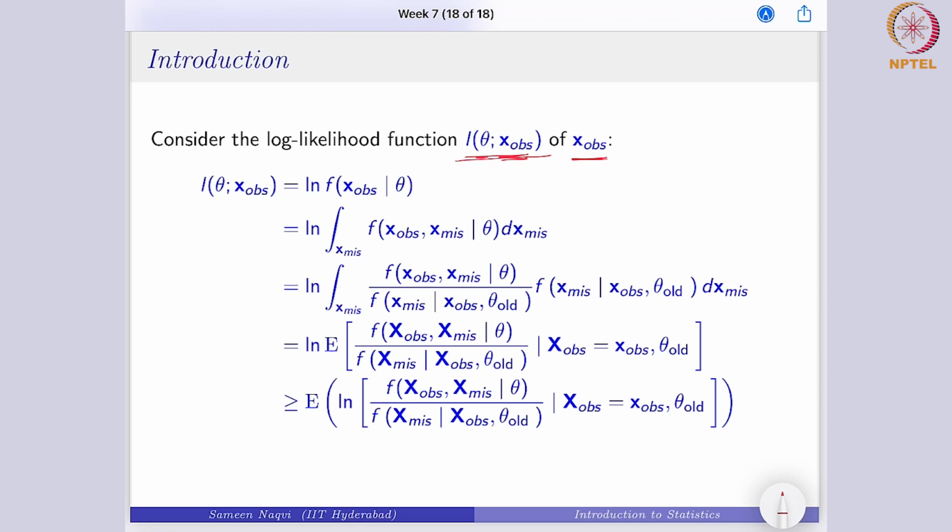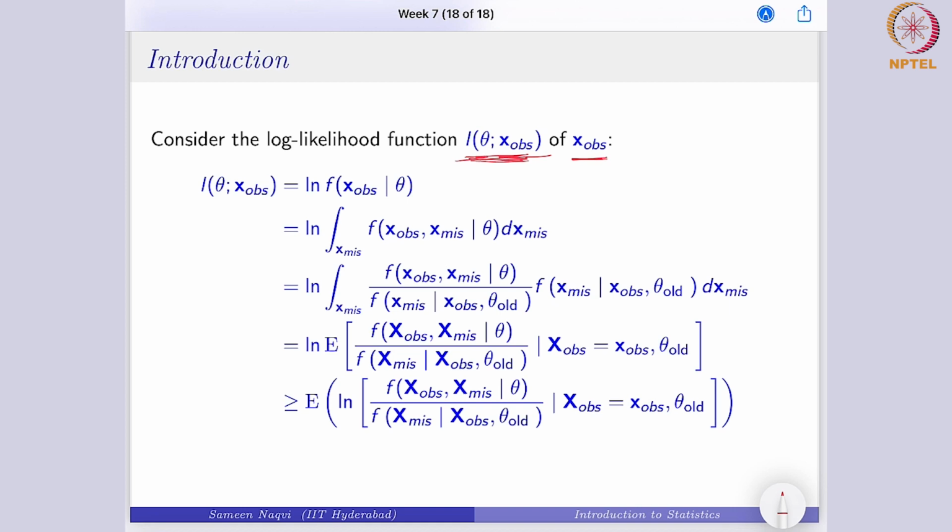As I mentioned, likelihood basically tells you that if you have observed this sample, then which value of the parameter has given rise to this particular data set. So in this case also, L(theta) is the likelihood of observing the given data, x observed, for a particular value of the parameter theta.